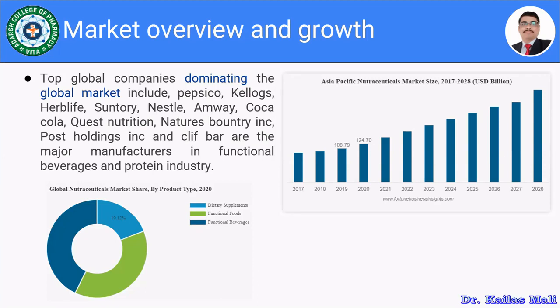See the graph which I have shown related to the global nutraceutical market share by product type in 2020. The very dark blue is related to functional beverages, that is the market share. Then the sky blue is related to dietary supplements, approximately 19%, and the greenish is related to functional food.